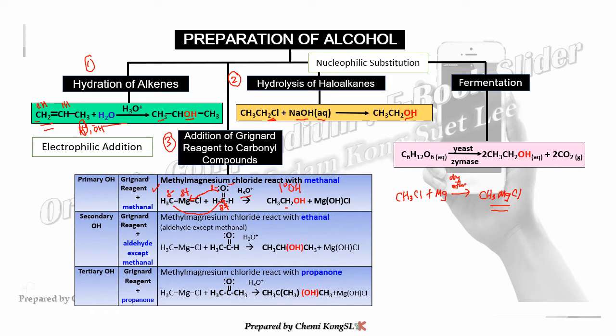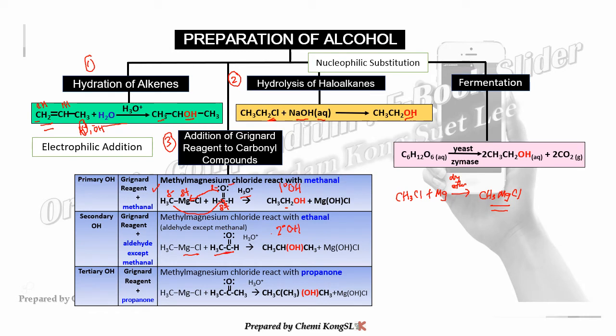Recall a bit. When Grignard reagent reacts with aldehyde except methanal, for example, ethanal, propanal, butanal, it will form secondary alcohol. You must understand the mechanism for the reaction between the Grignard reagent and the carbonyl compound in order to help you check the attachment.